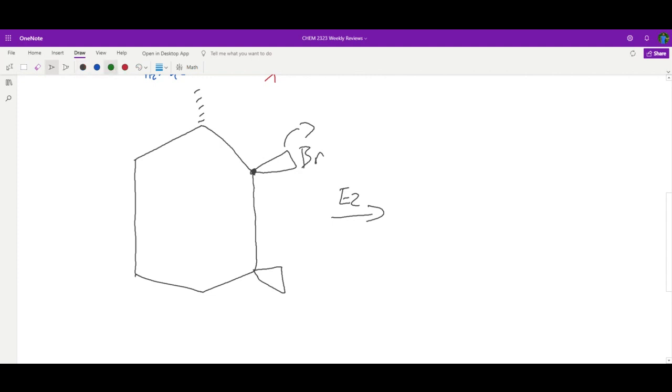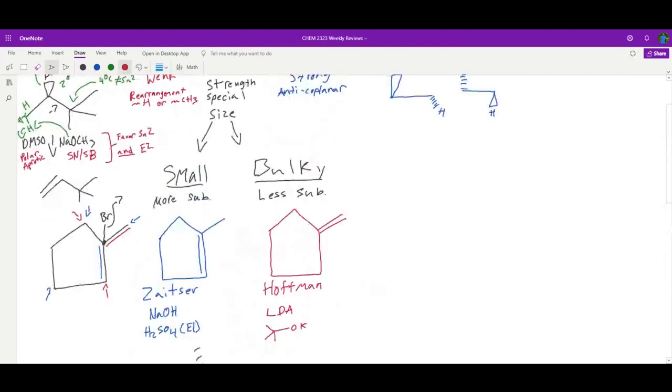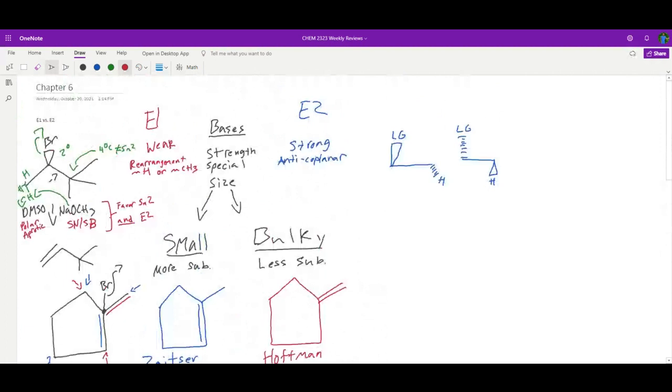So looking at this carbon right here, my adjacent carbons are right here and right here. So this is a secondary carbon or secondary leaving group. So, oh yeah, real quick. Sorry, I'm jumping back and forth a little bit. Both of these conditions are going to favor 3, 2, 1. Okay, so does SN1.